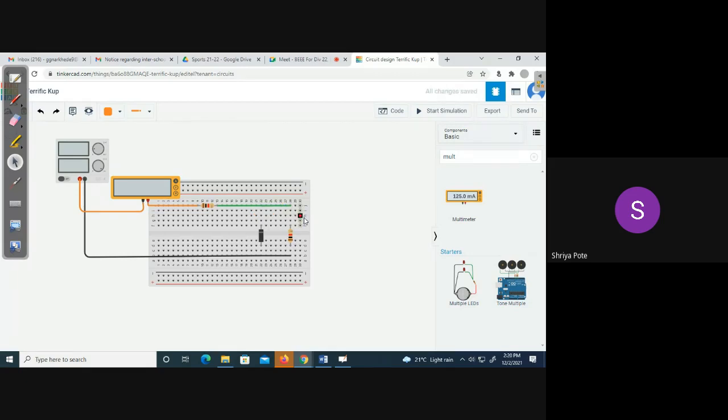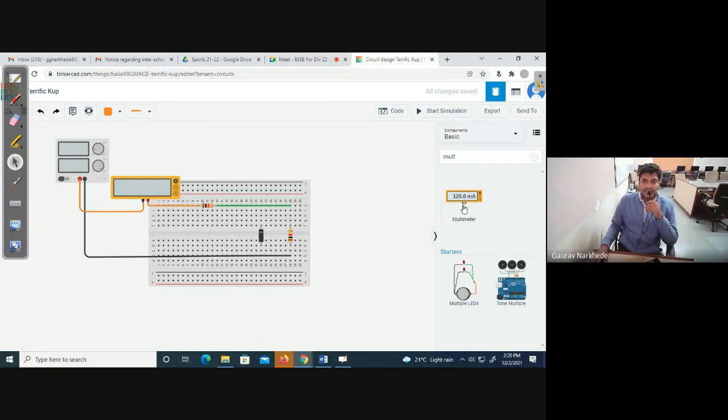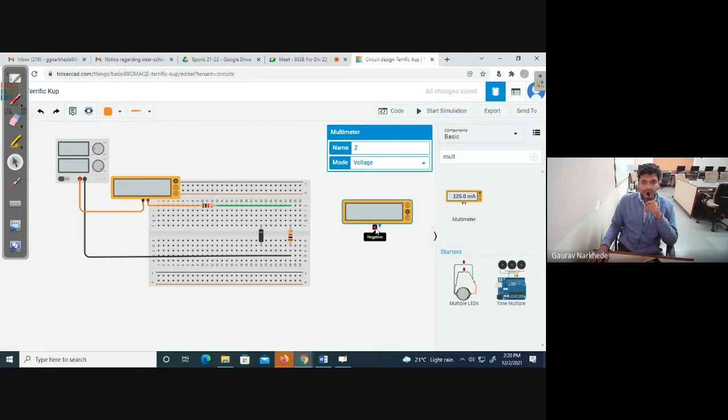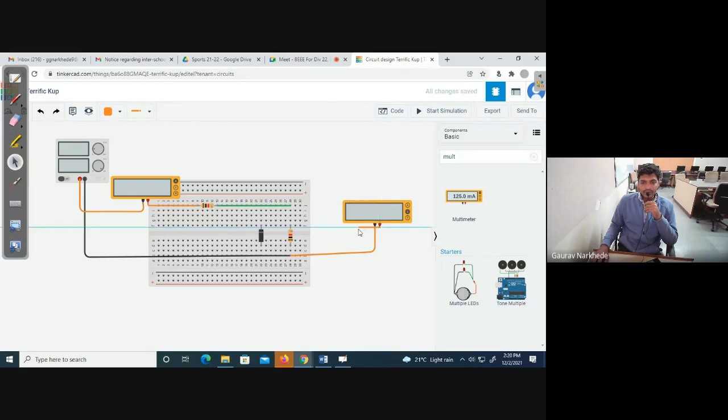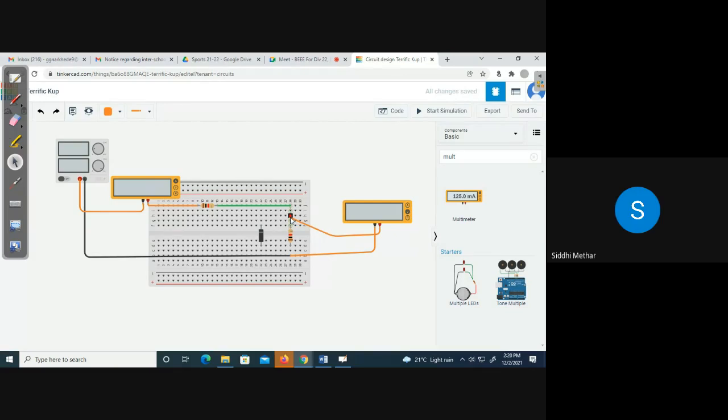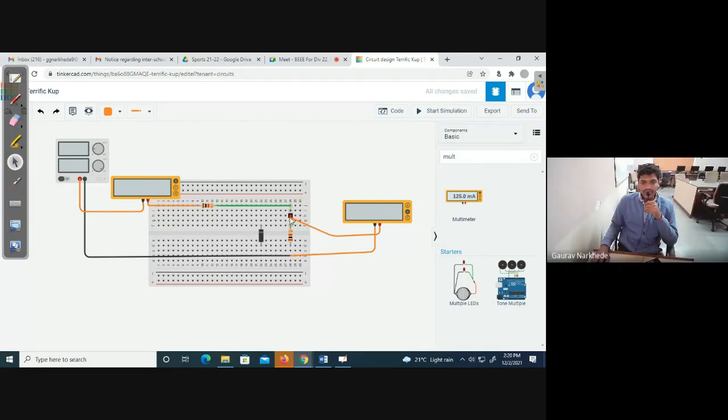I'm just deleting. Okay. If you want to measure VZ, again you will use a multimeter, right? So this is your negative terminal. You will be connecting it here to ground, correct? And this is your positive terminal. You will be connecting it across the resistor, right?